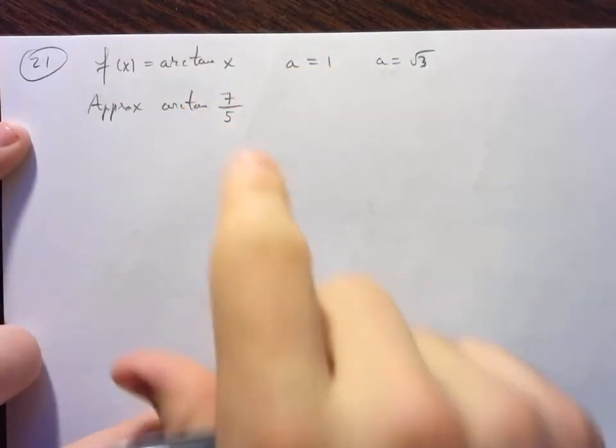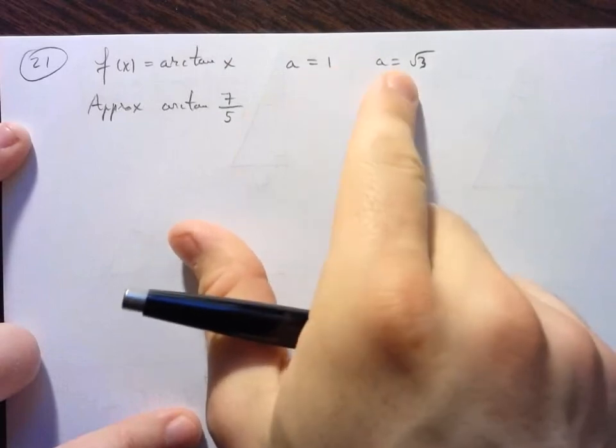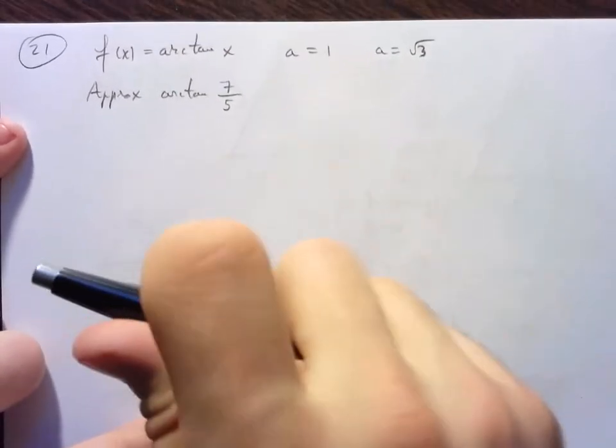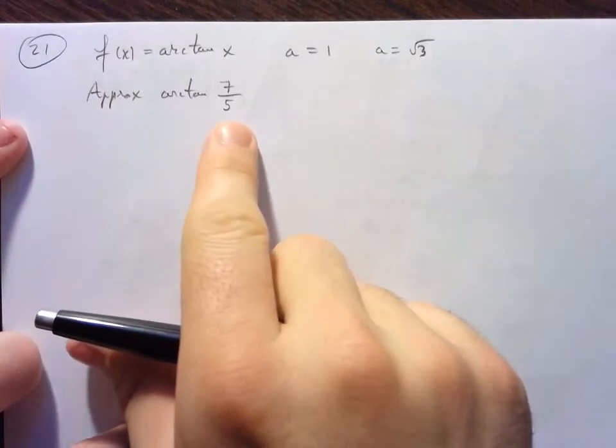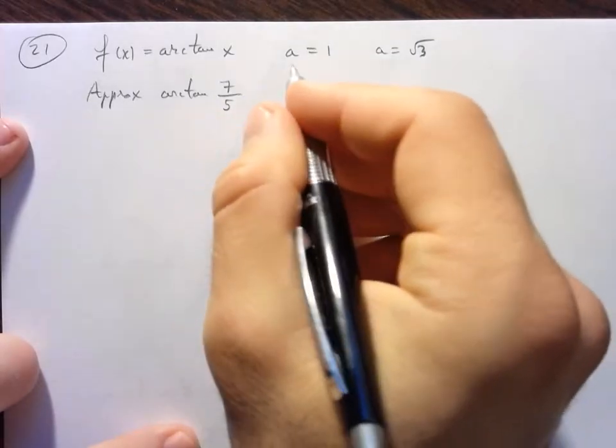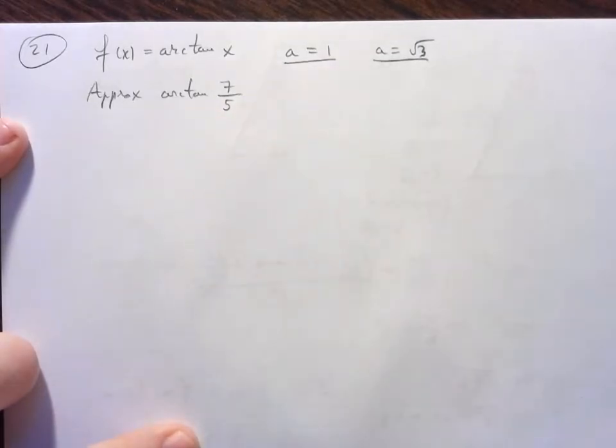Alright. So the process is the same as in the previous problem, which is why I won't go through it. What I do want to talk about is the second part of the question: which is a better approximation, right? Is this a better one or that?